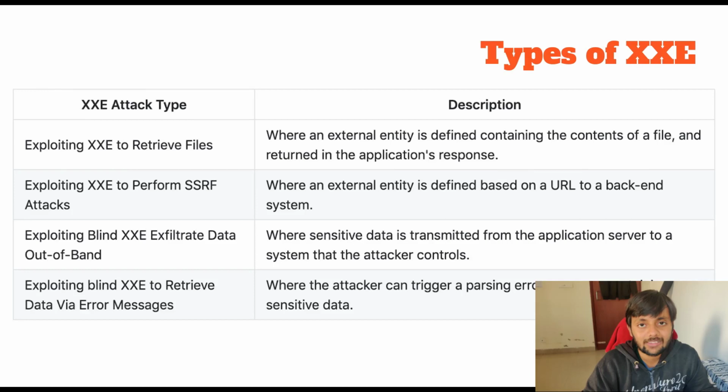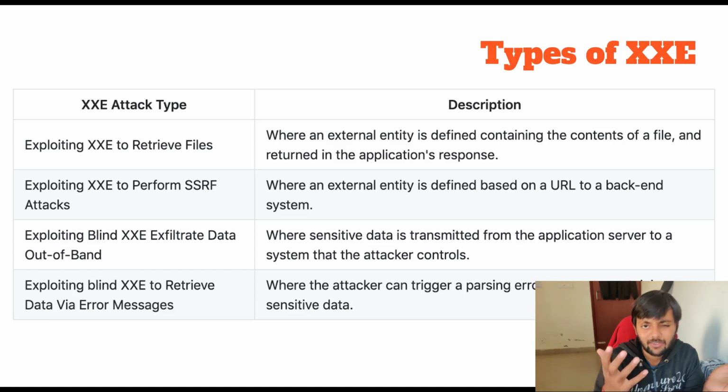Now let's talk about the types of XXE. Basically there are two types of XXE, the basic and the blind XXE. But on the basis of the attack type, it could be categorized into four types. The first is used to retrieve files. Then there's XXE used for SSRF attacks.